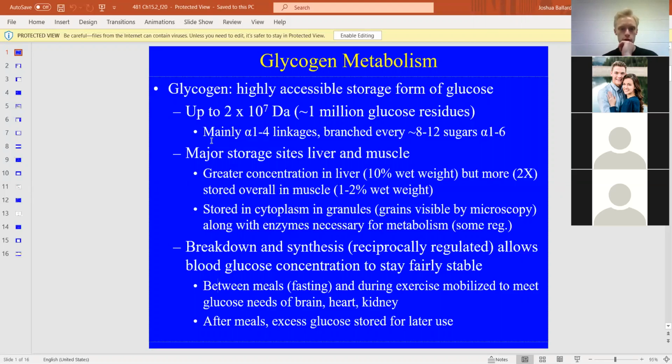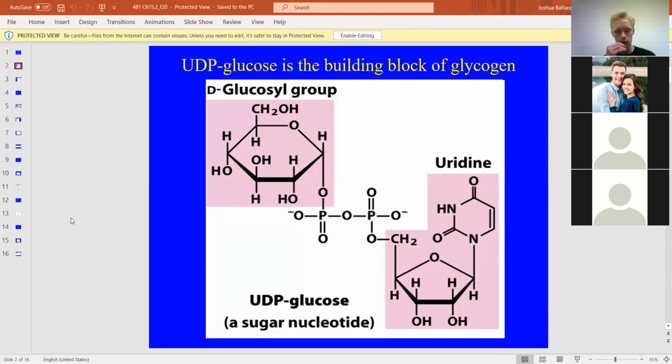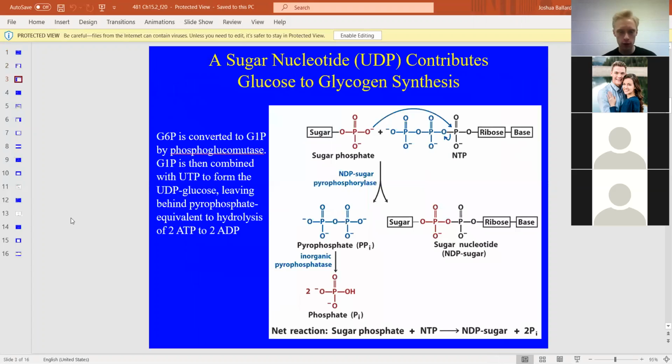It's important to know that it's mainly alpha-1,4 linkages, but there is a branch every 8 to 12 sugars from alpha-1,6. That was one of the things we need to know. So that's just a building block of glycogen.